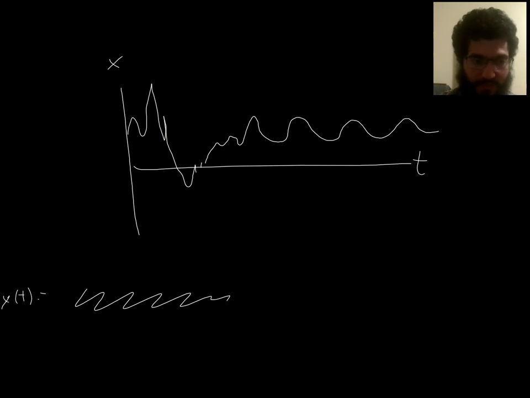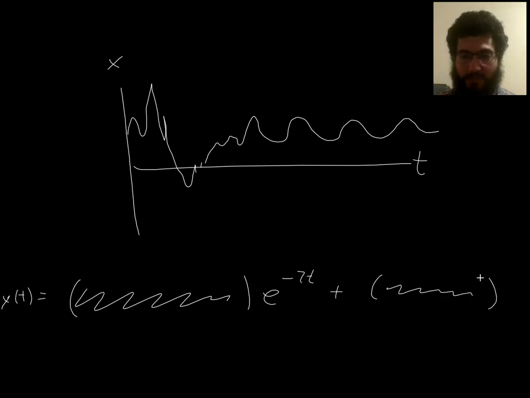X of t equals some terms, but all multiplied by maybe stuff that decays, like e to the minus 7t or something. And then you've got some other terms. And these terms are maybe what you have as something regular, and these terms added to these terms, when this portion is significant, so this part has not decayed so much, contribute to the funky behavior at the beginning.